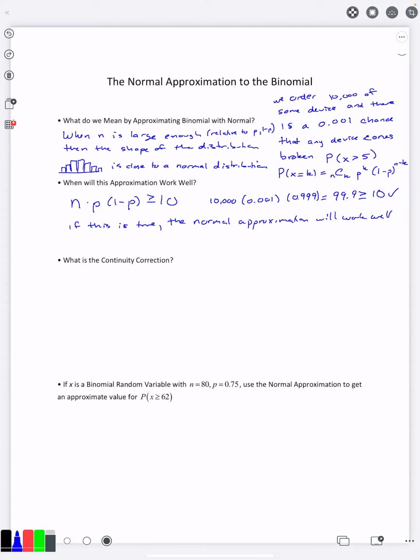So before we can actually do this here, we need to talk about something called the continuity correction. This goes back to what I was saying earlier, that the binomial random variable is a discrete random variable, whereas the normal random variable is a continuous random variable.